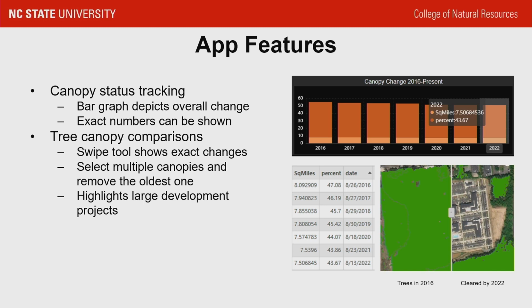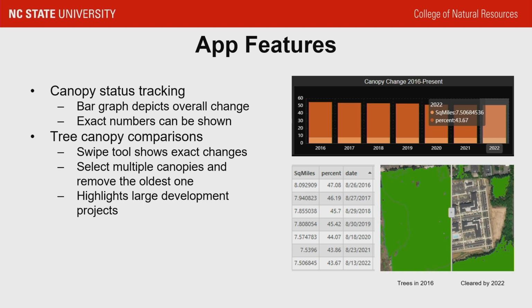So you can see in this image on the left, this is the same section. This section of trees in 2016, as I mentioned in my example with the training samples, it is trees, and then in 2022, it is clear cut. So by taking your two layers and running that swipe tool, you can see the major changes in the landscape.